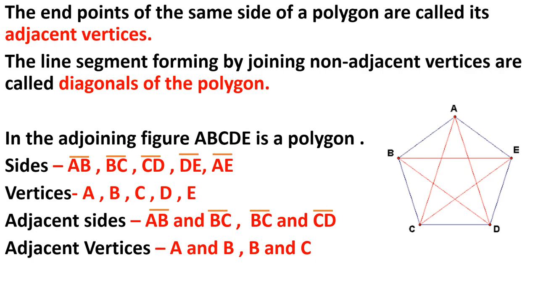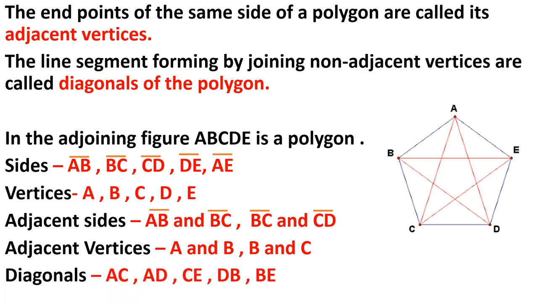I have told you in adjacent sides: two sides of a polygon with a common end point are called its adjacent sides. So these are the two sides AB and BC, and the common end point in these two is B. So AB and BC are the adjacent sides.